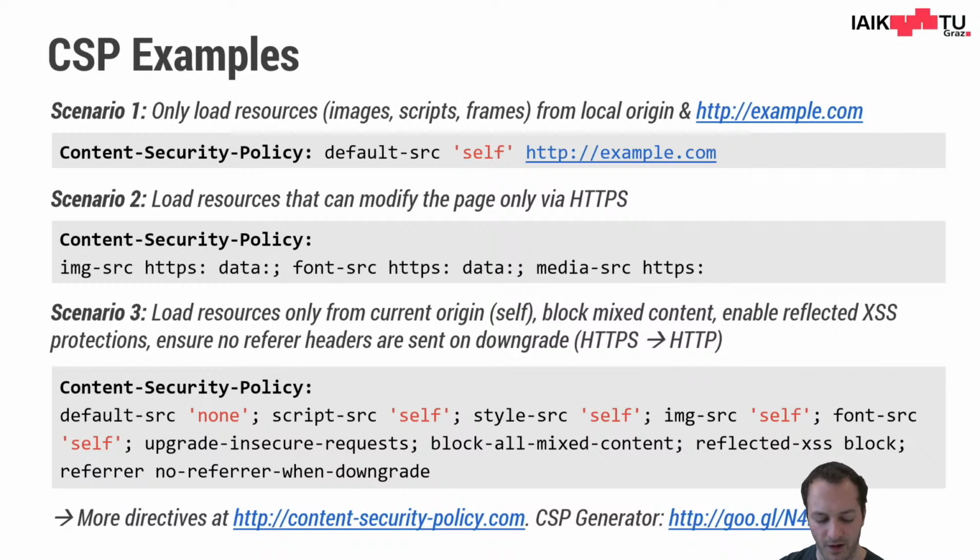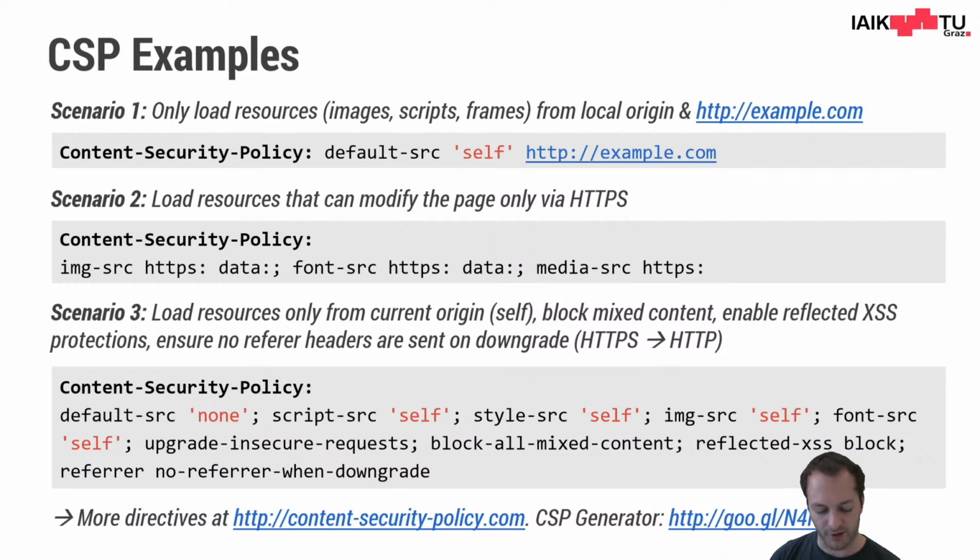So for example, if you only want to load resources from the local origin and another one, you'd define a default source self. Self means same origin, and probably eventually you specify an additional origin. Or you'd say, I'd only like resources from HTTPS origins, then you'd specify HTTPS here.